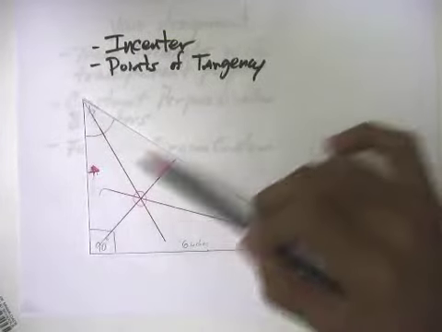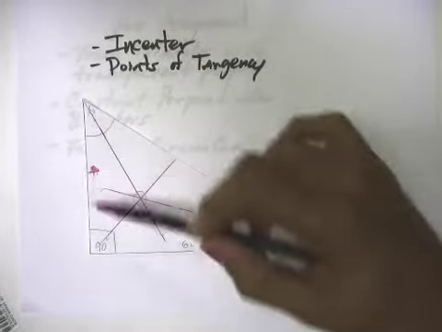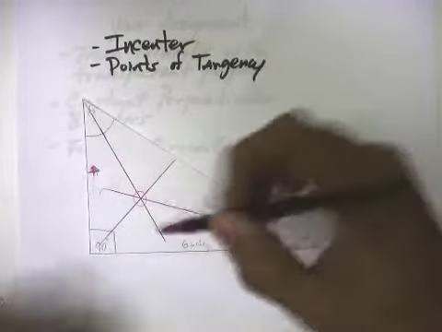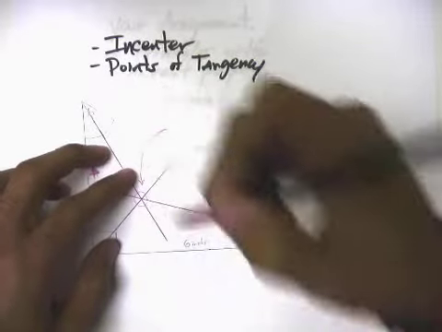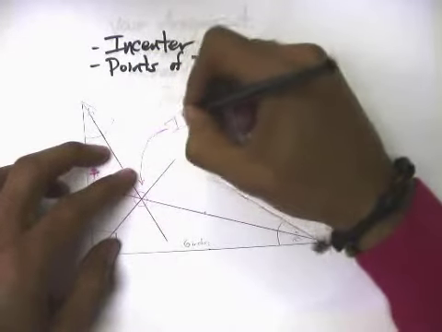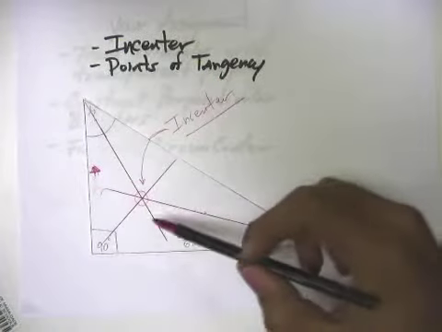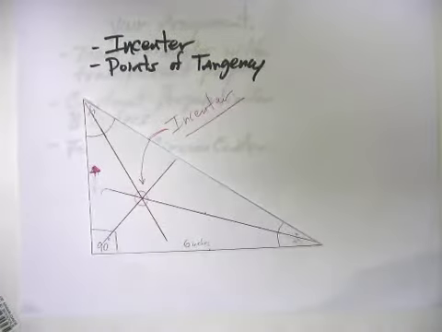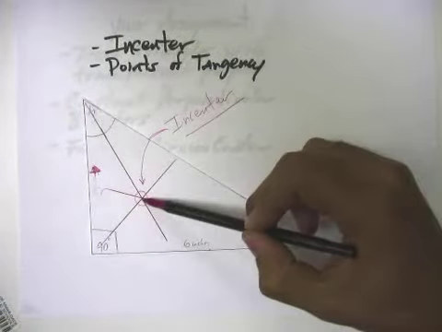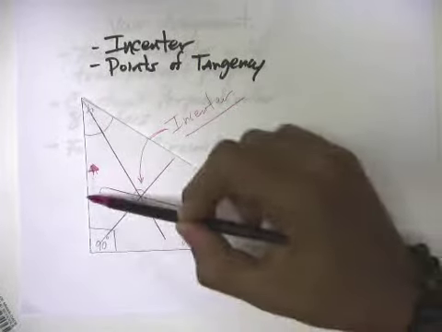Now, is this point here called a circumcenter? The answer is no, because a circumcenter is made from the perpendicular bisectors. These lines here are not perpendicular bisectors. These lines here are angle bisectors. So by the way, this point right here is called my incenter.